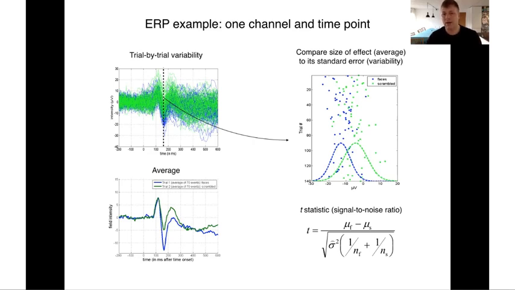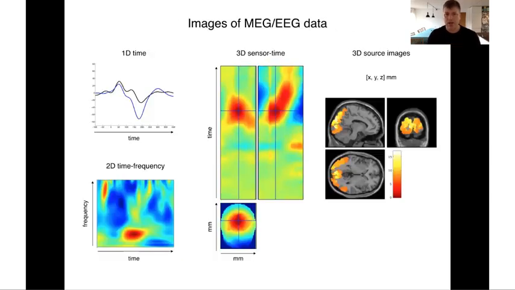And these two ingredients, so the size of the effect, the average, and the standard error or the variability, are the two key ingredients of the T statistic, which works like a signal to noise ratio. However, in this example, we have just done that for one channel and one time point. However, usually we are interested in doing this for the entire data set.